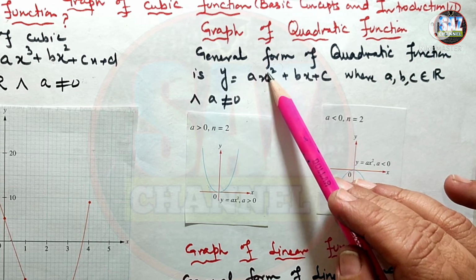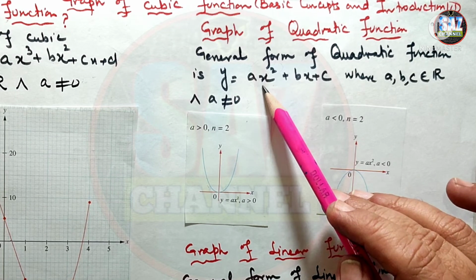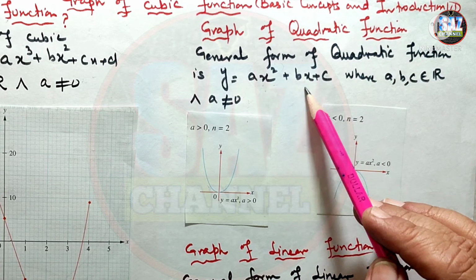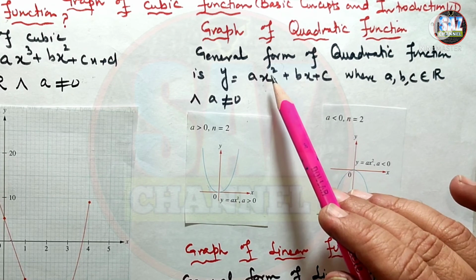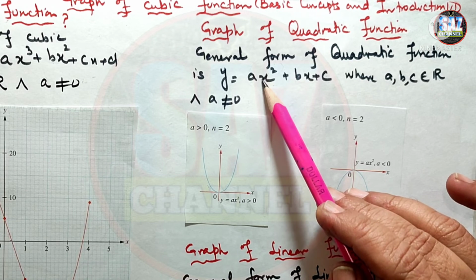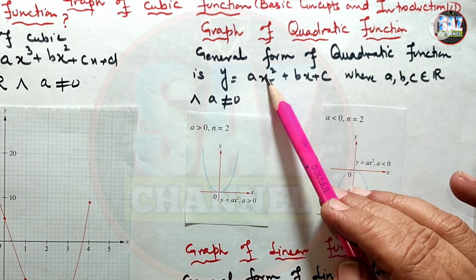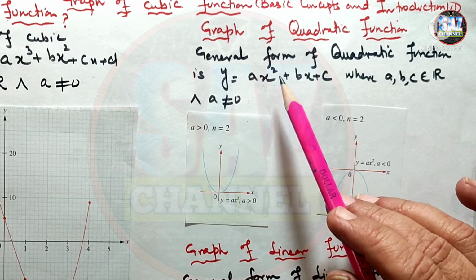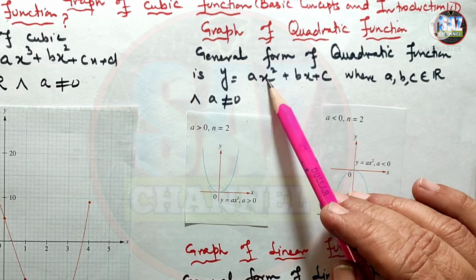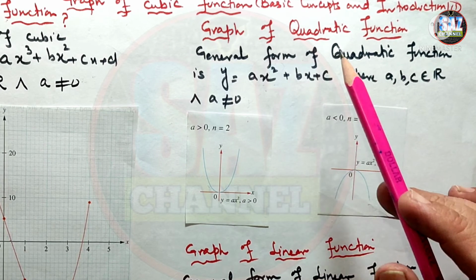If we make this 0, we will have no more quadratic expression, no power 2 variable, so my function will become linear. So for the quadratic graph and quadratic function, it's really important that the coefficient of the square term should not be equal to 0.